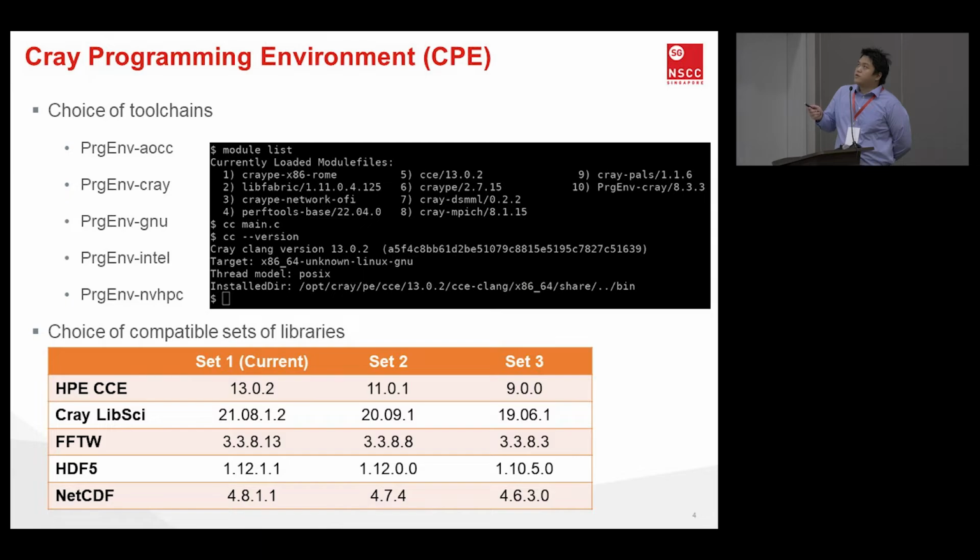You can use the Intel or GNU, whichever you prefer to build your software. And currently we have the Cray Compiling Environment, one of the latest versions, which is version 13.0.2, and also the corresponding Cray LibSci, Cray FFTW, HDF5, and NetCDF.